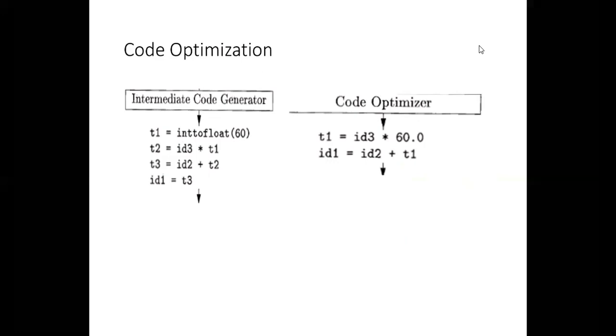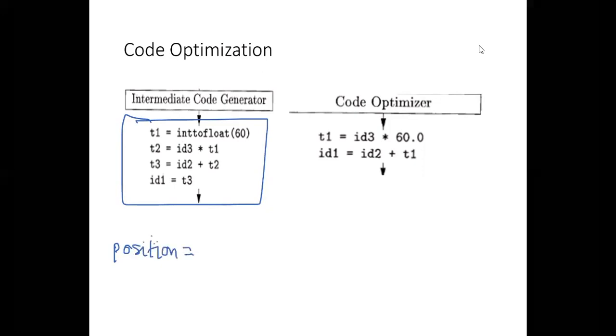Next phase is your code optimization. So here, as you can see, this is our intermediate code. Our initial statement was: position is equal to initial plus rate into 60.